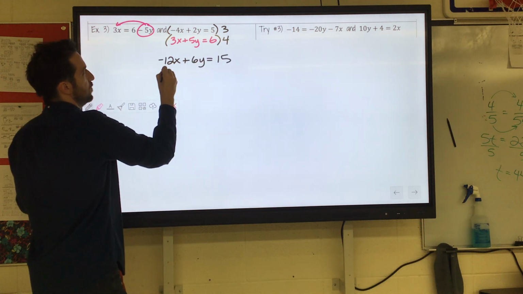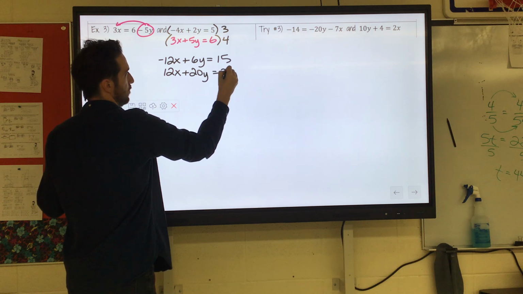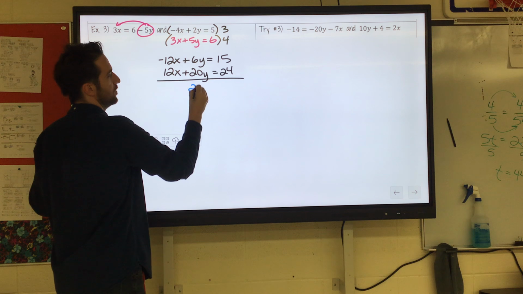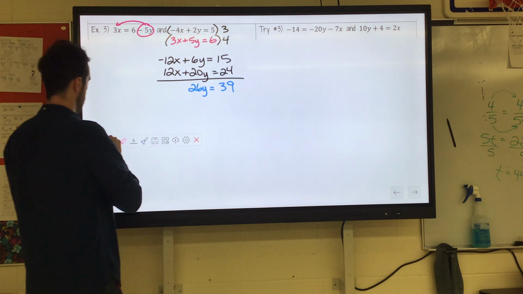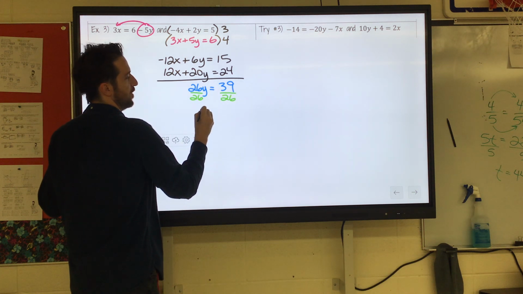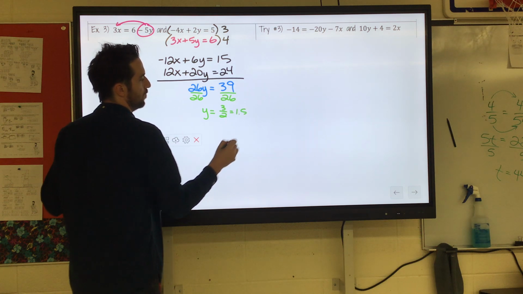And this one would give us positive 12x plus 20y equals 24. If we add those up, x is gone, 26y equals 39. These are both divisible by 13, which would give us 3 over 2, or let's just call it 1.5.